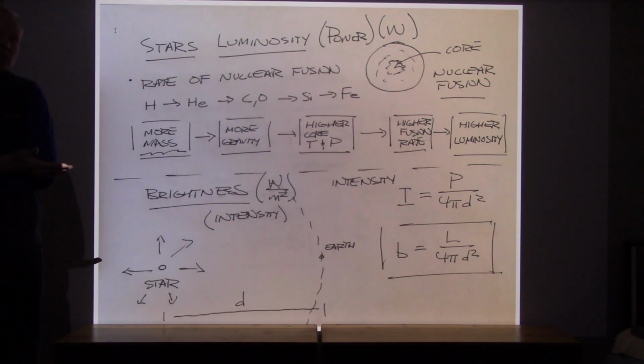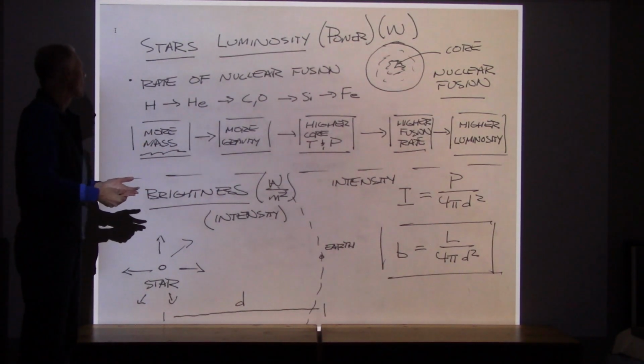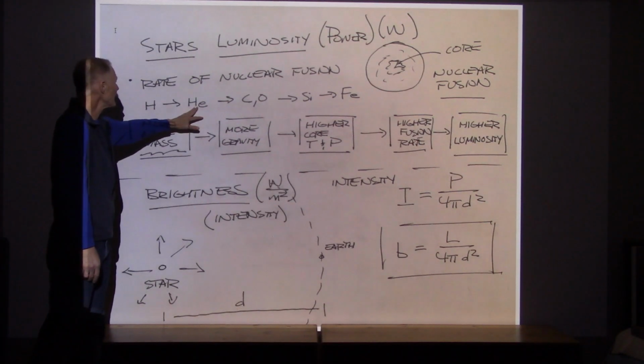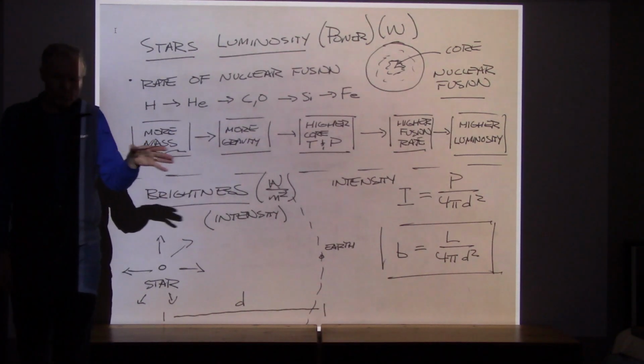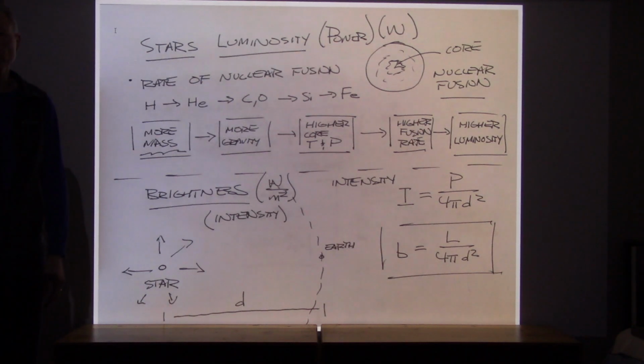In fact, we looked at some of the nuclear fusion reactions going on inside stars. And what we said is most stars, 90% of stars or more, are undergoing hydrogen to helium fusion, but some stars, in the later cycles of fusion, all stars start out with hydrogen to helium fusion.